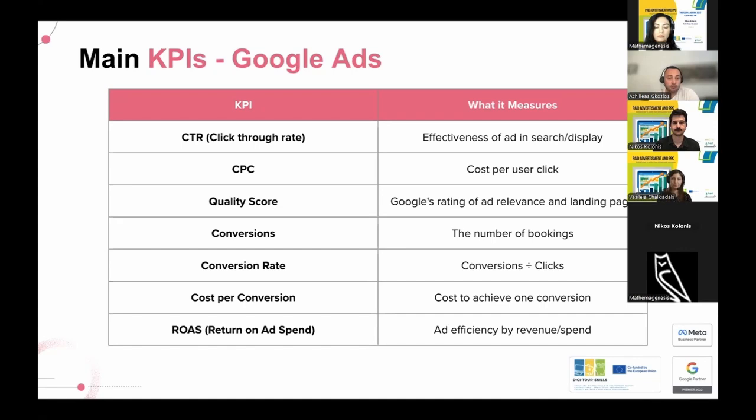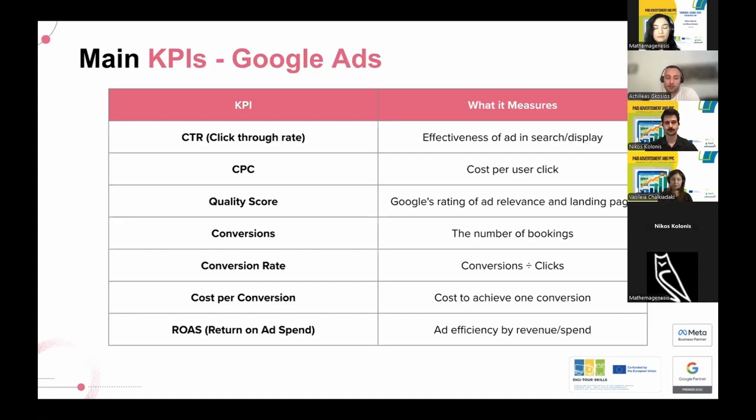Conversions, such as bookings. A conversion may be whatever action we want the user to do on our website. Conversion rate: from 100 people that clicked on our ad, how many finally converted? The cost per conversion: for example, we spent 10 euros and we had one conversion.